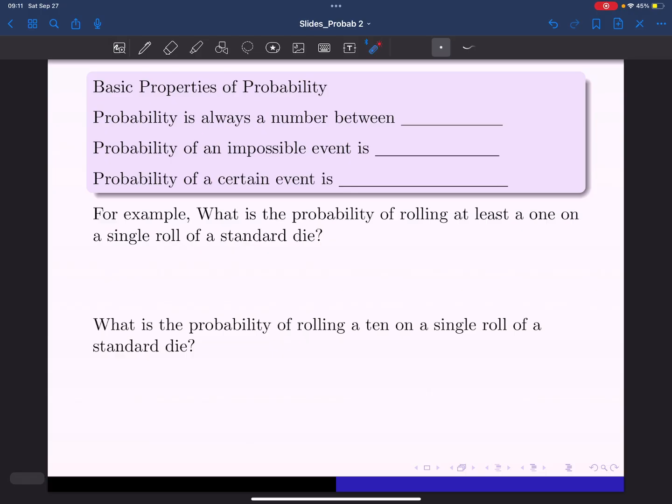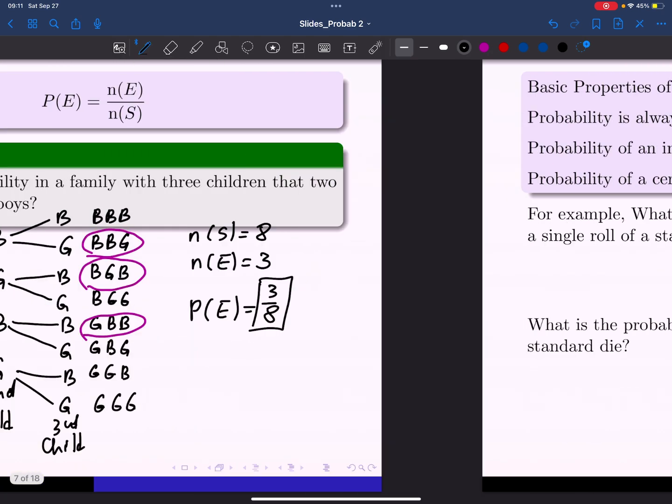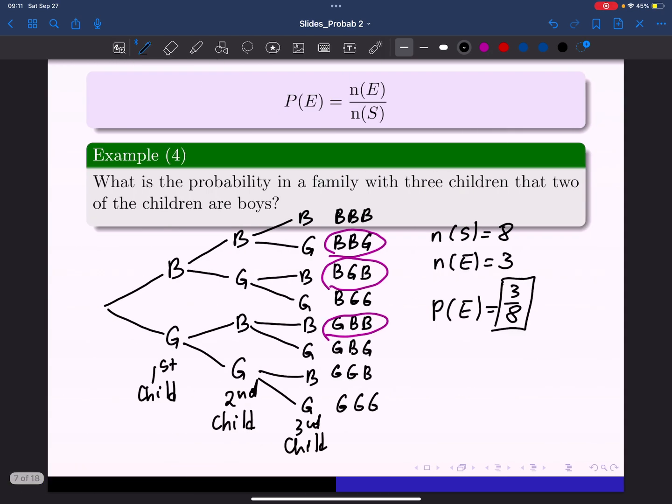Now, basic properties of probability. Probability is always a number between 0 and 1. What does that mean? This is my total sample space. My event E is always some part or subset of the sample space.